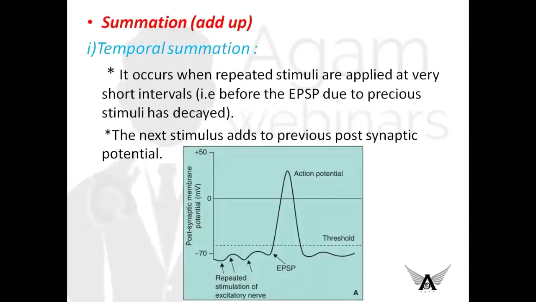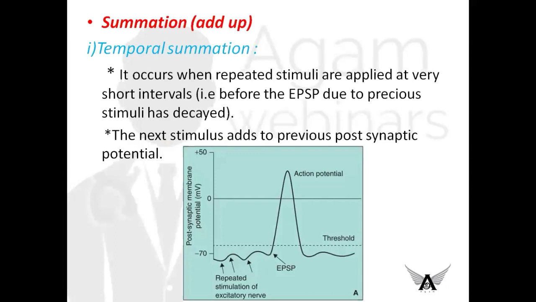Next, moving on to the next point, summation. Summation literally means to add up. Whenever there are many stimuli or impulses, the potentials are added up. That is what is called summation. First type of summation is called temporal summation. It occurs when repeated stimuli are applied at very short intervals before the EPSP due to a previous stimulus has decayed.